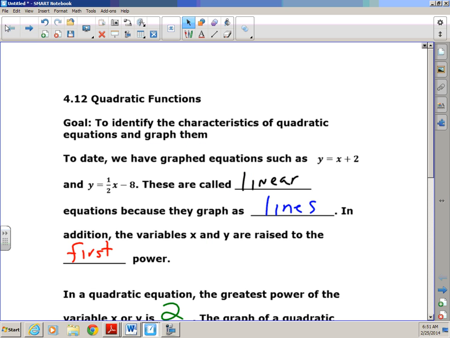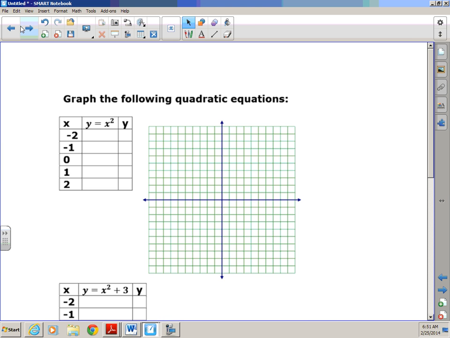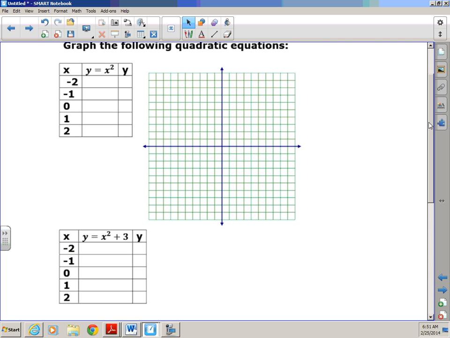So what we're going to do to graph is what we've previously done, use a table of values. There's no shortcut here like there is with finding the y-intercept and the slope. So when x is negative 2, y is 4. When x is negative 1, y is 1, then 0, 1, and 4.